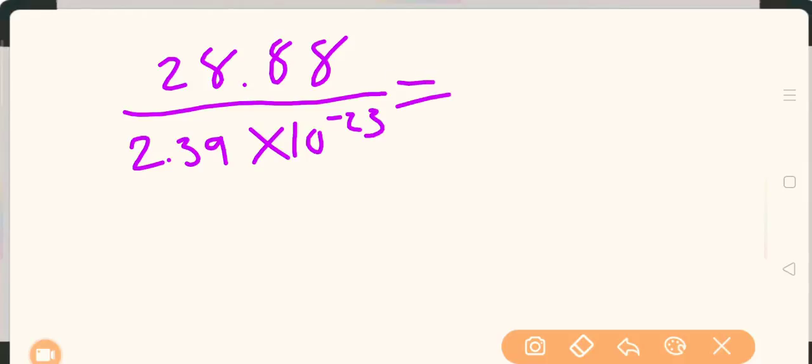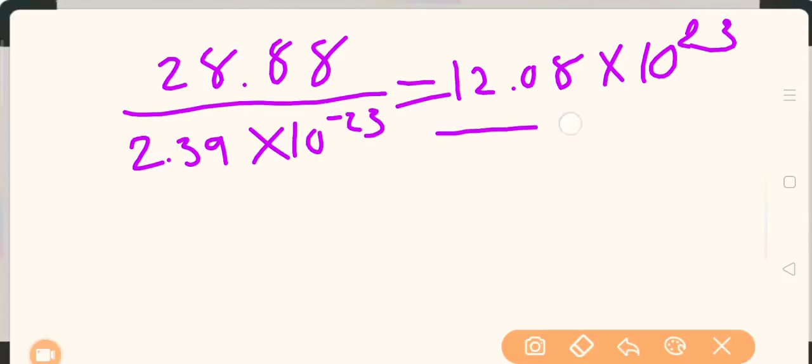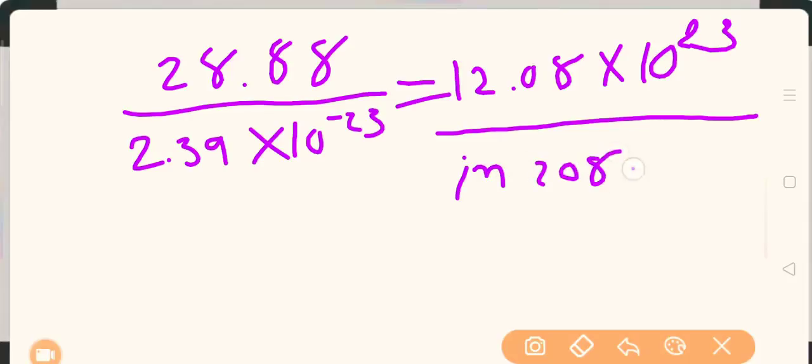So it is equal to the number of unit cells in 208 gram of substance, and it will be 12.08 into 10 raised to 23. That means we have 12.08 into 10 raised to 23 unit cells in 208 grams of substance.